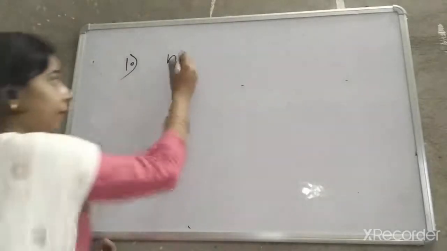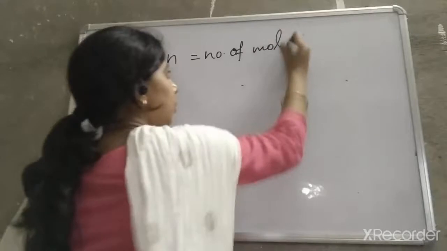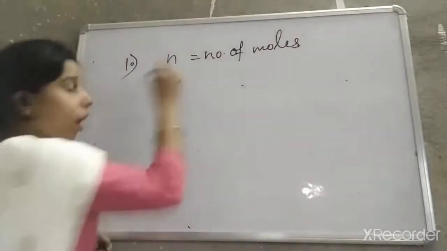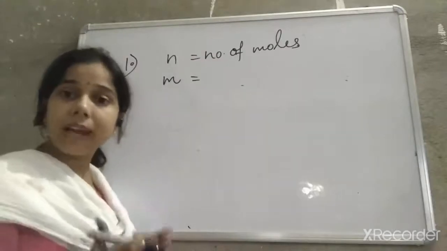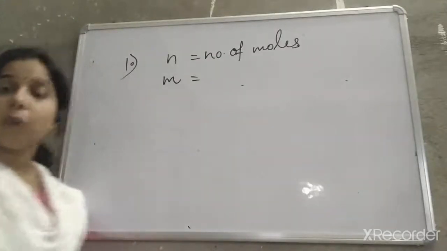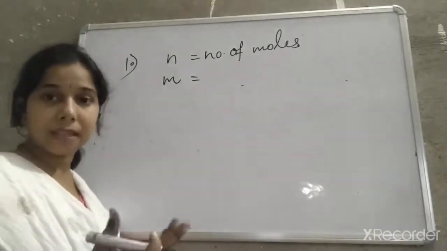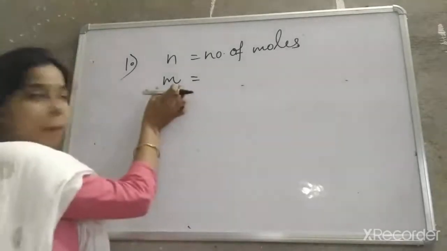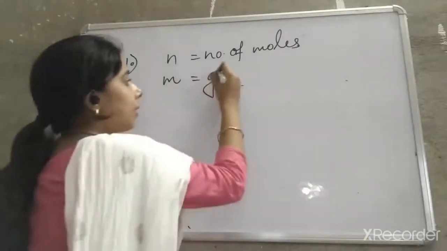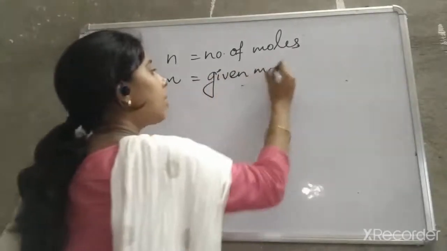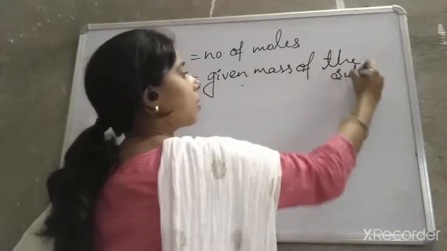Let me tell you one thing. Small n represents the number of moles. Small m is given. That small m represents the given mass. In that particular numerical, what is the given mass of the compound or the substance? It is represented by small m. So small m is the given mass of the substance.